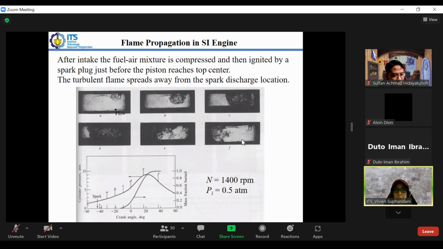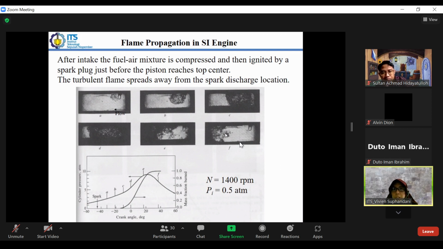This is the spark plug ignition, and at A we already have a small burning, and at B it is increasing. We see that it is now already burning, and at C it started to increase, and this is point D and E. This is the maximum pressure, and then this is the afterburning process. It is like a flame wave from the point close to the spark plug further away to all the area inside the clearance volume of the cylinder.